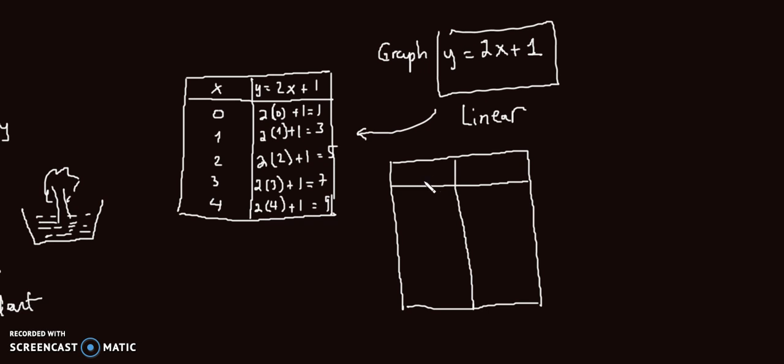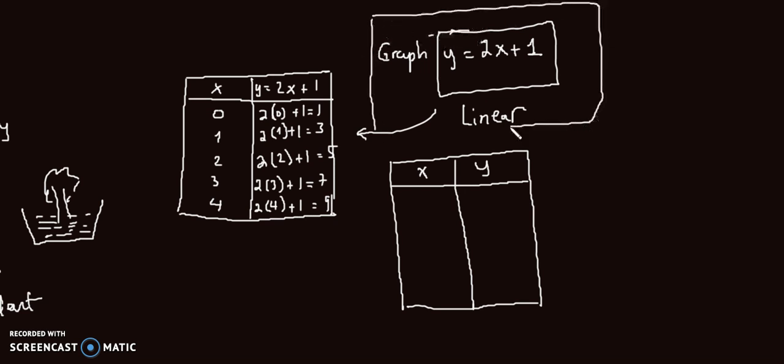So let's say I have x and y here, a table, and imagine that you're not given the equation. So I have 0, 1, 2, 3, 4, and 1, 3, 5, 7, and 9, and they ask what kind of relationship is that?